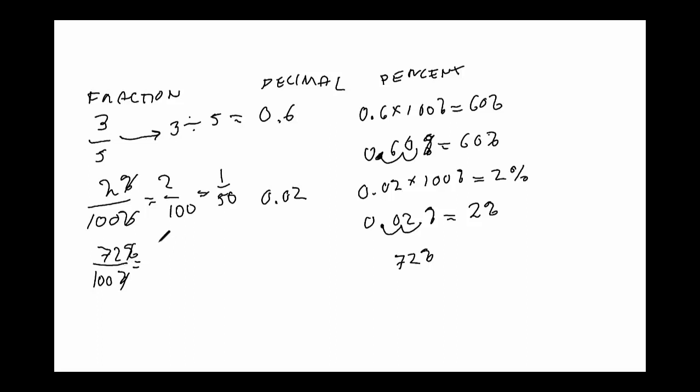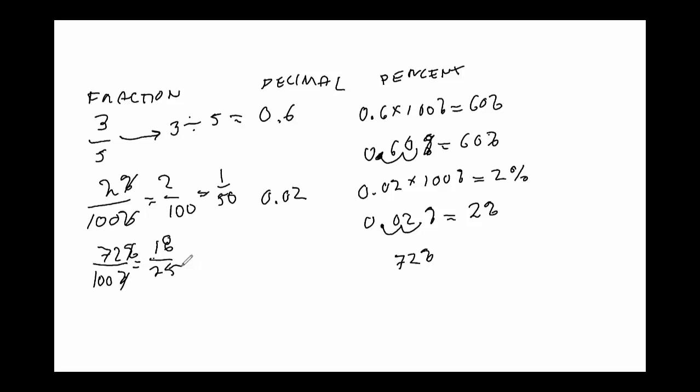So 4 goes into 72 18 times, and 4 goes into 100 25 times. So that becomes our fraction.